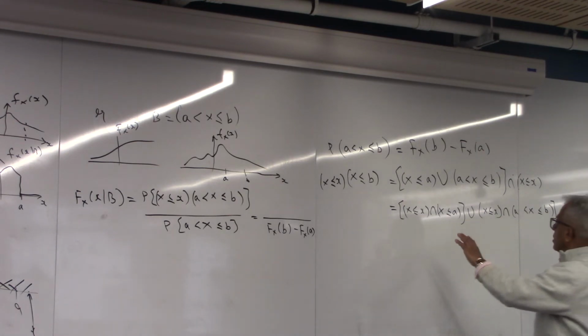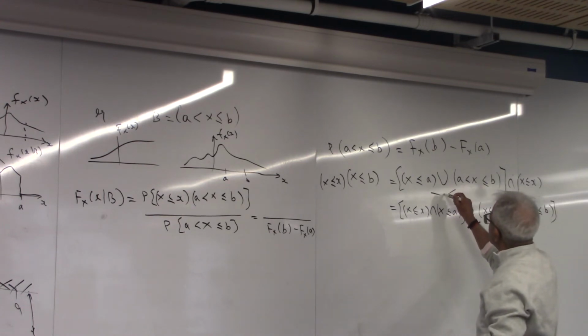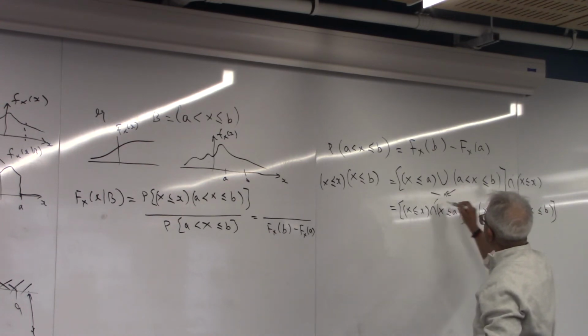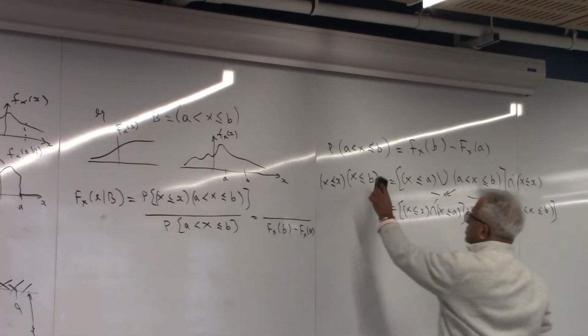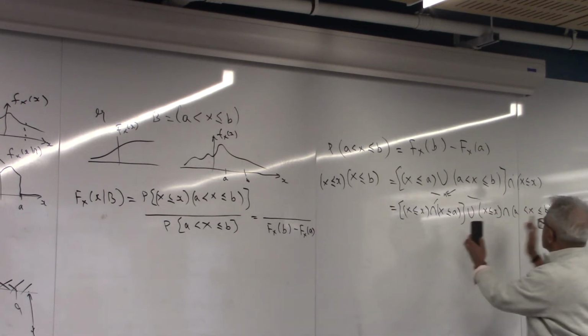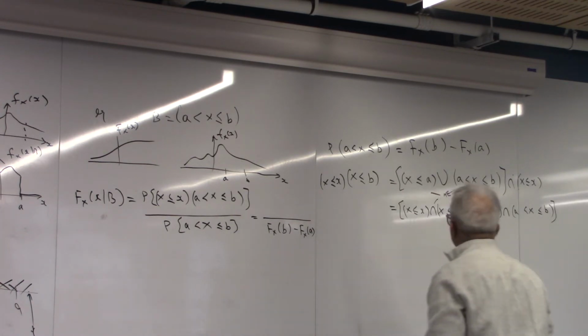Again, these two are mutually exclusive, so this and this are mutually exclusive. So the probability of this event is the probability of this plus the probability of this, which is what we want in the numerator.